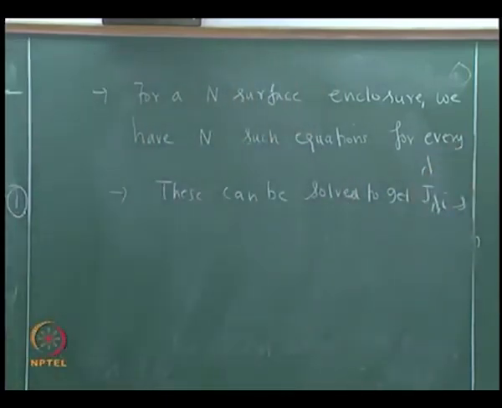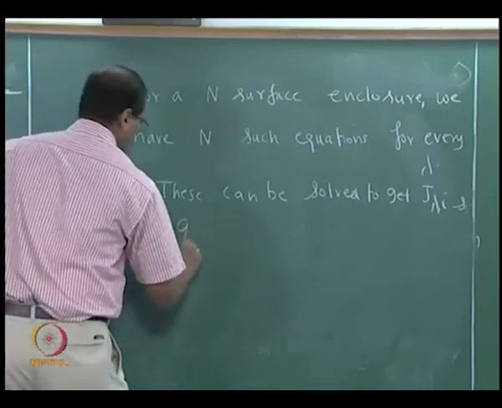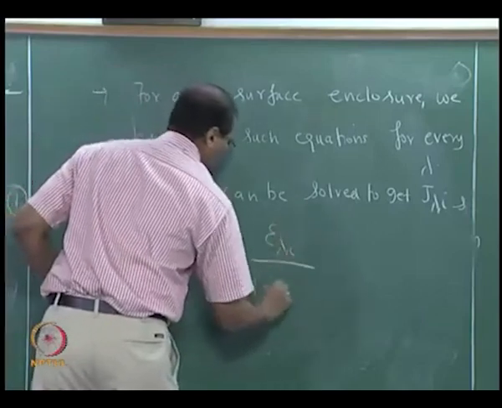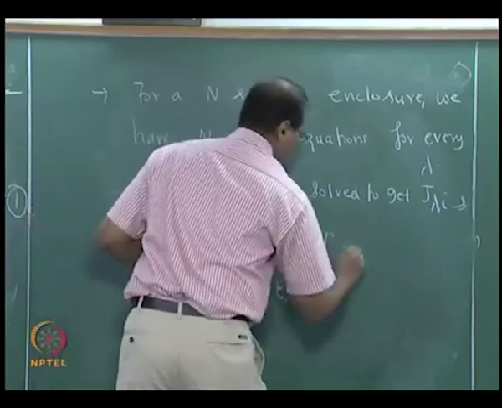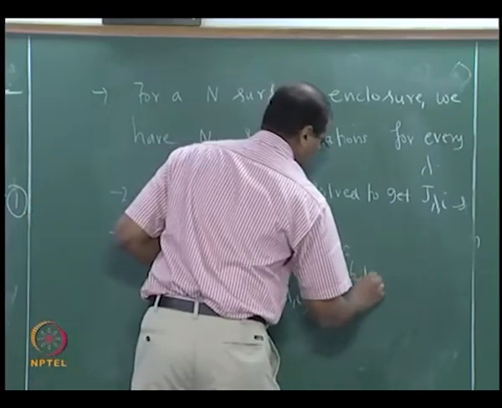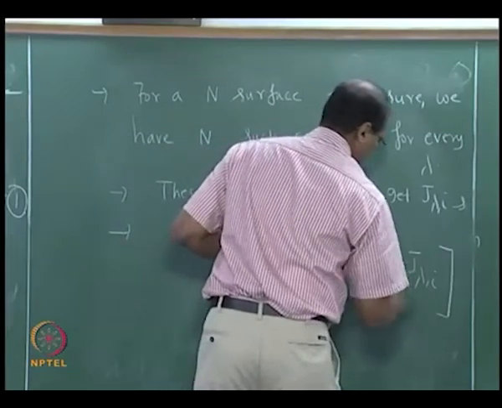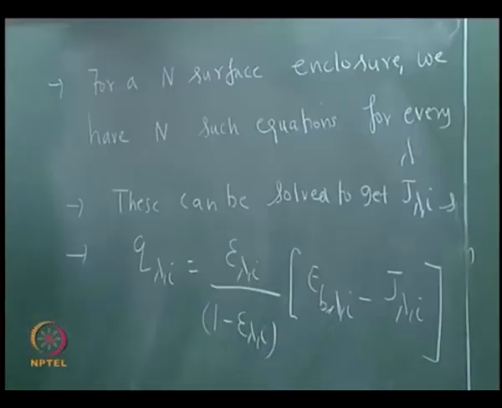These can be solved to get J lambda i's. Now, okay.